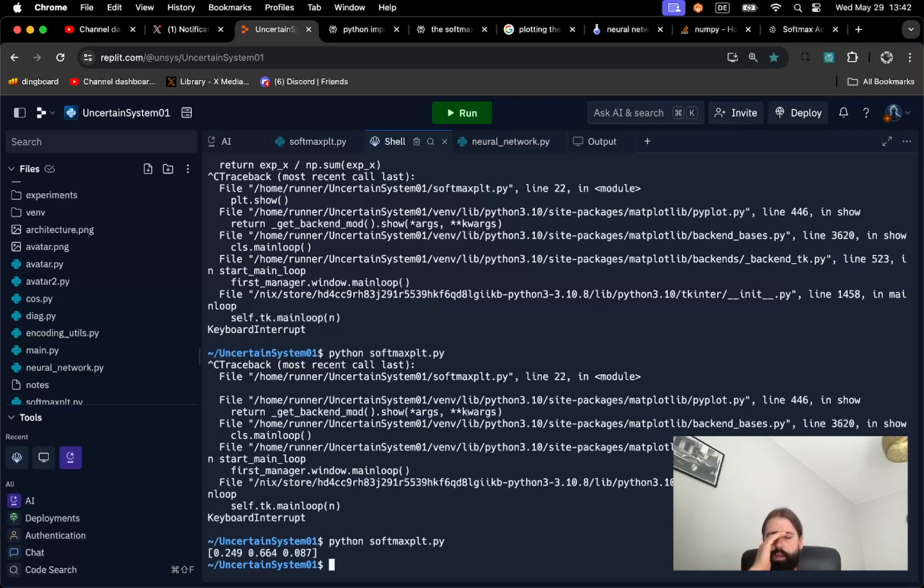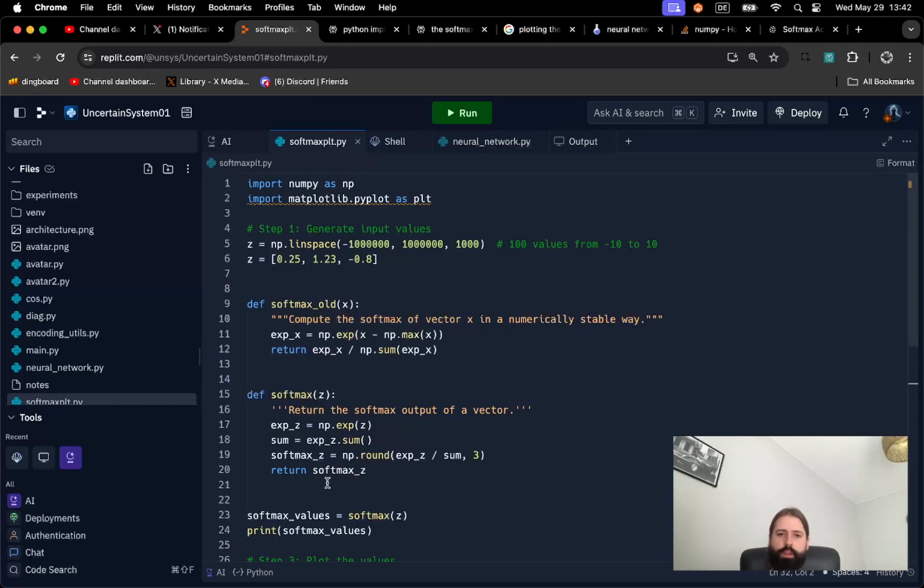I really have to understand this, right? So I have to understand what it's doing. It's calculating the exponent, and then it's summing all the exponents. And then essentially it just divides each one by the sum.